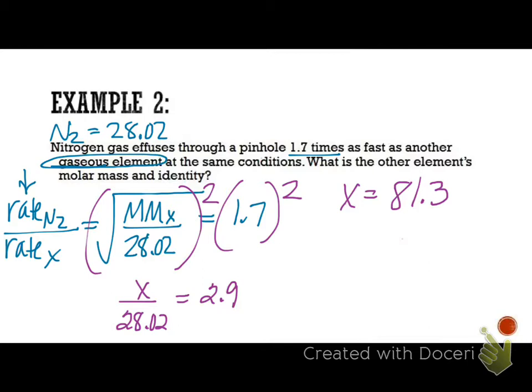So find the element that has the closest molar mass to that. Krypton, yes. Krypton. Why is it not bromine? Because bromine's a liquid. That's the main reason right there.